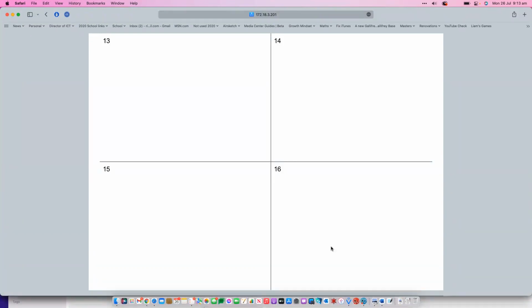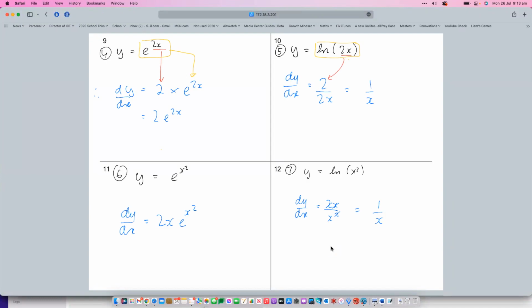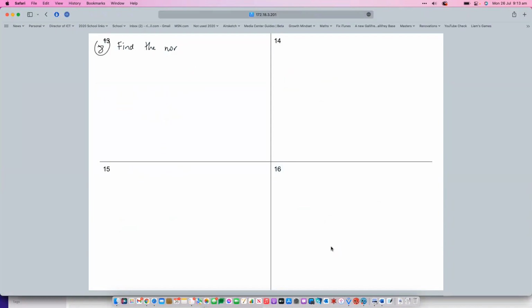I had a particular function I wanted to go through. So find the normal at x equals 3.